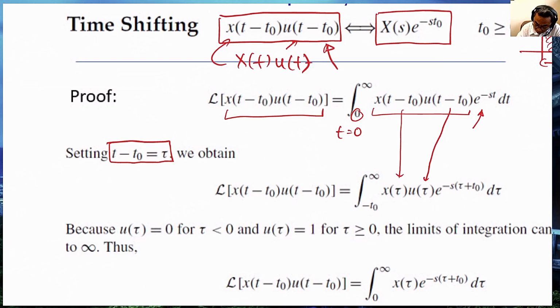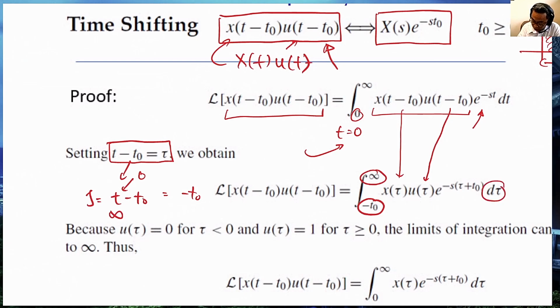Tau equals t minus t naught, but t at the lower limit of the integral is 0, therefore tau equals minus t naught. When t equals infinity, tau is still infinity minus t naught, so it's infinity.